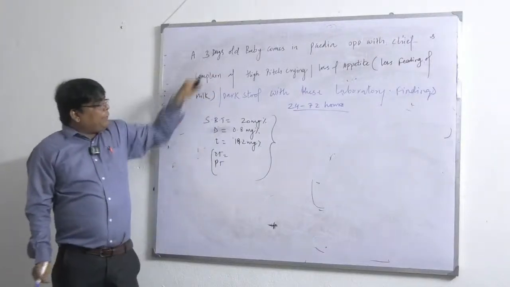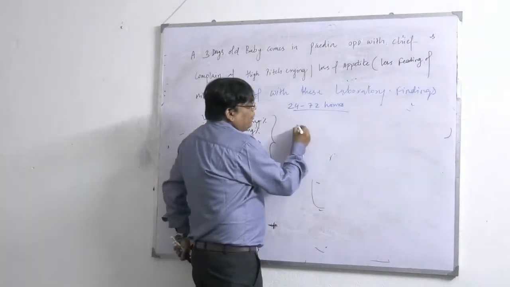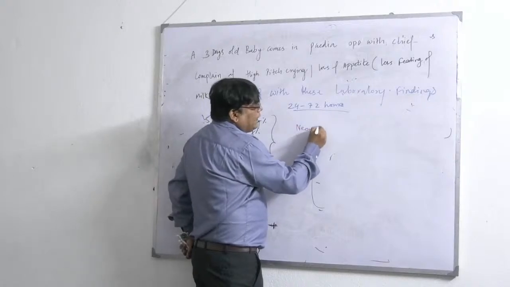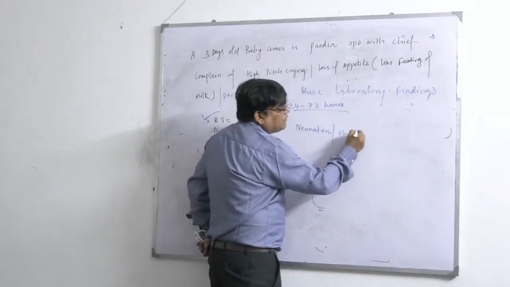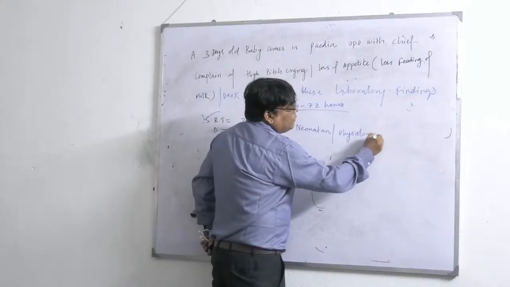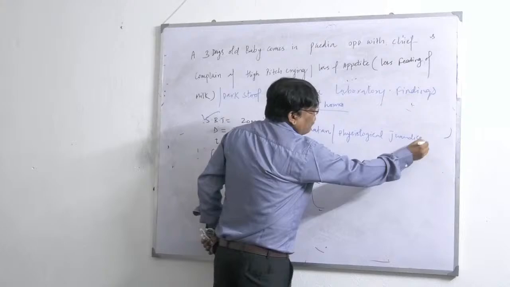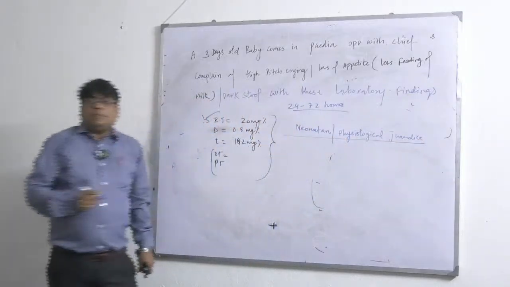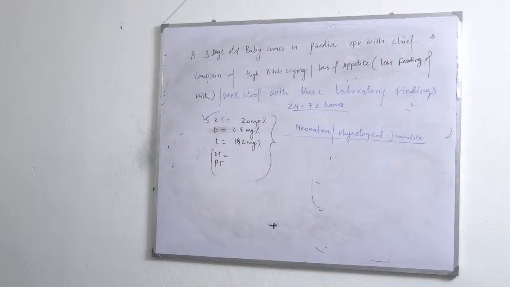A 3-day-old baby with high bilirubin level. It is a clear case of neonatal or physiological jaundice. Why? Because the liver of such a child is not properly developed.